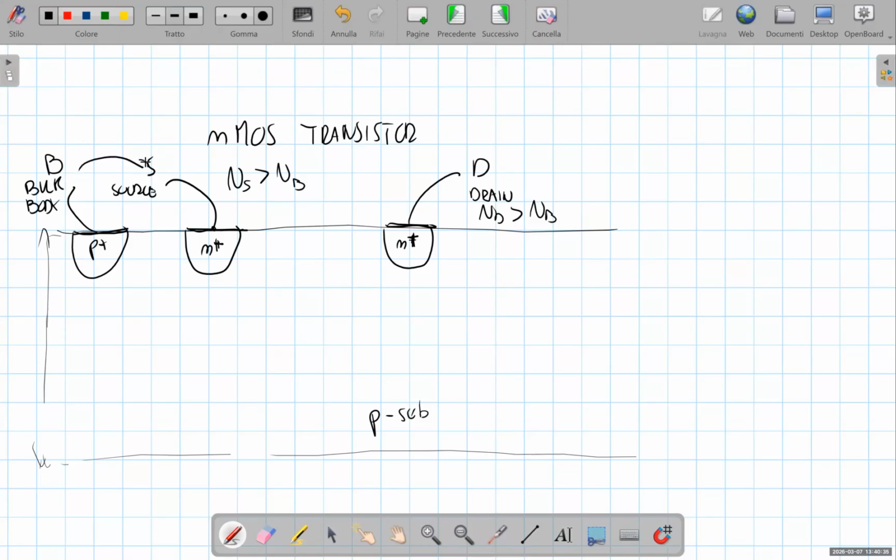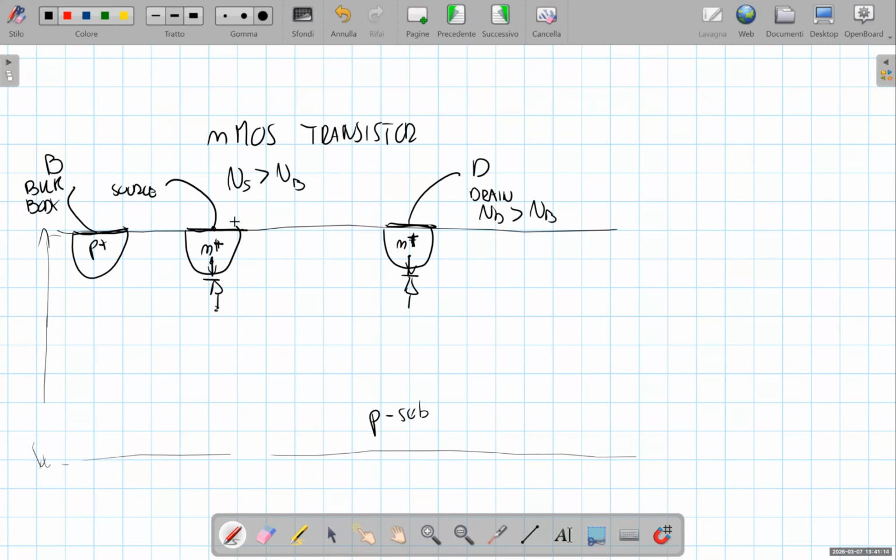So VSB is positive, and VDB is also positive. It means that the junctions between the source and the body and between the drain and the body are reversely biased, and so the current flowing from the source to the bulk or from the drain to the bulk is almost negligible. Okay?